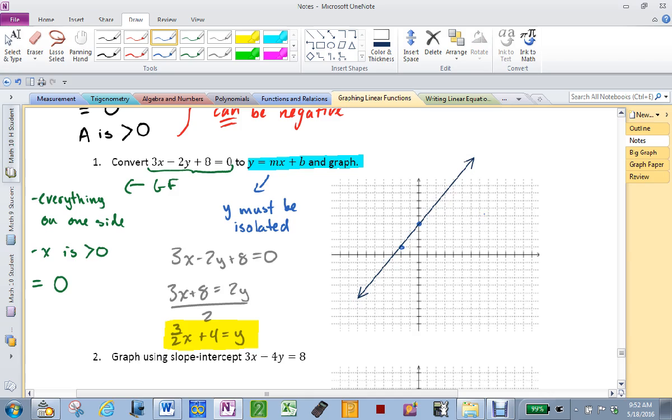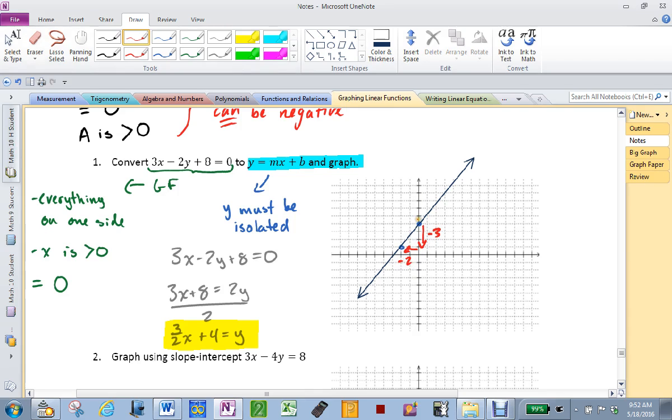Everybody good? It is on the screen now. You can check your work. And of course, I went down 3 and that way 2. So negative, negative gives me a positive.